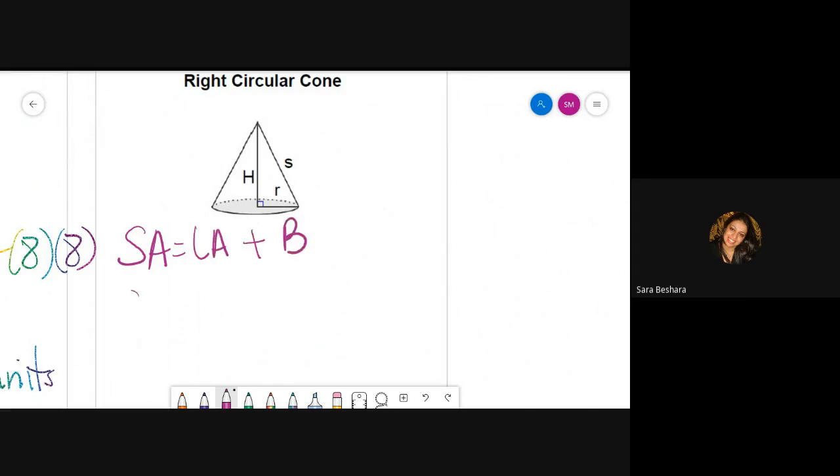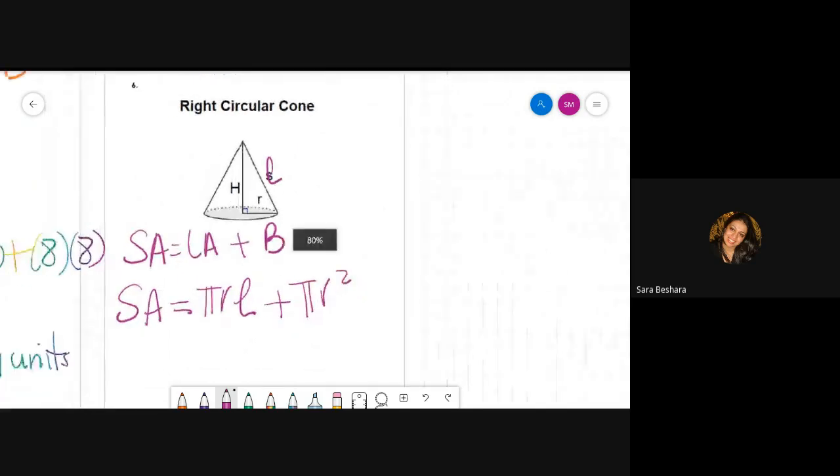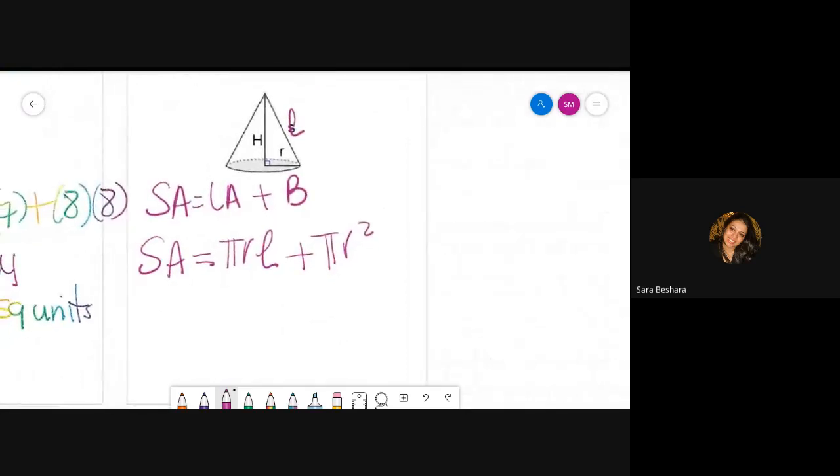The lateral area of a cone is pi R L. R stands for the radius. L is the slanted height. They put S here. It's L. We can use L. The base is a circle, so it's always pi R squared. And again, it's only one base. Therefore, it is 1 pi R squared.